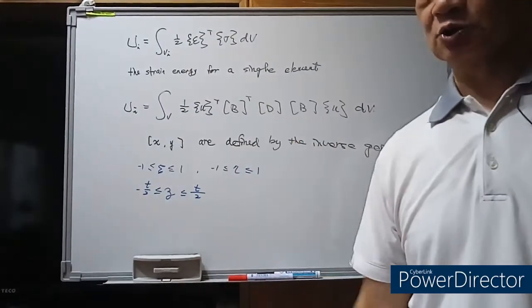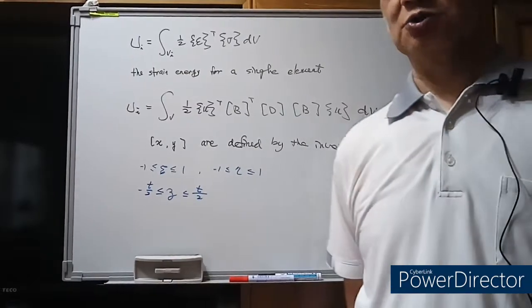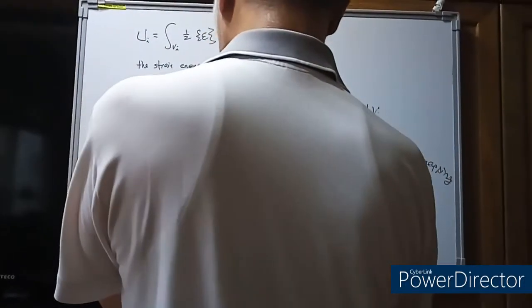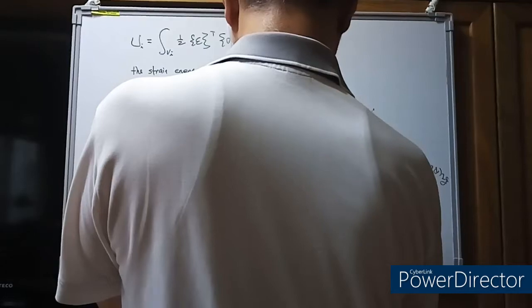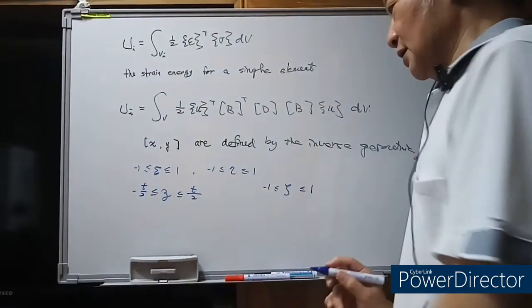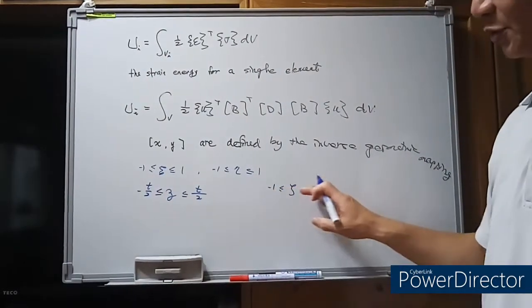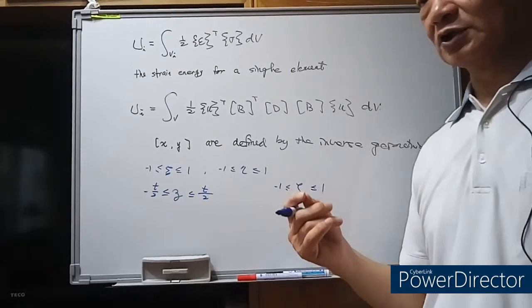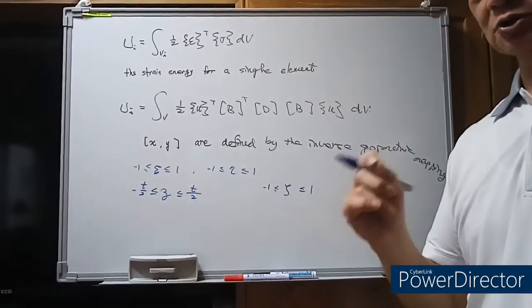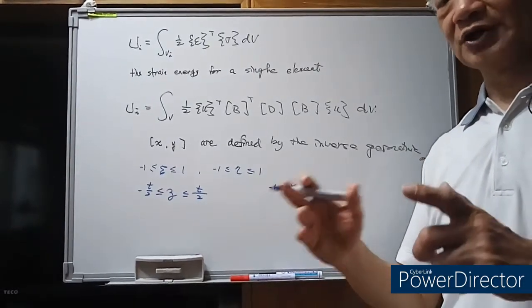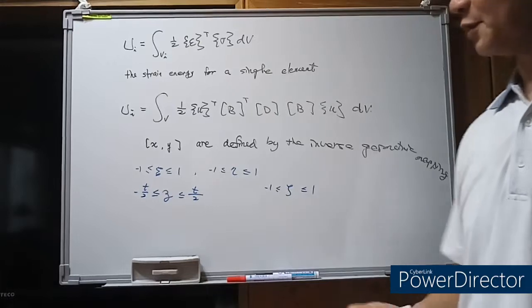Since later we will try to use the numerical integration, we can also define a third parameter. Let's assume a zeta value changed from -1 to +1. Remember, the Gaussian quadrature can be used only for the range from -1 to +1.